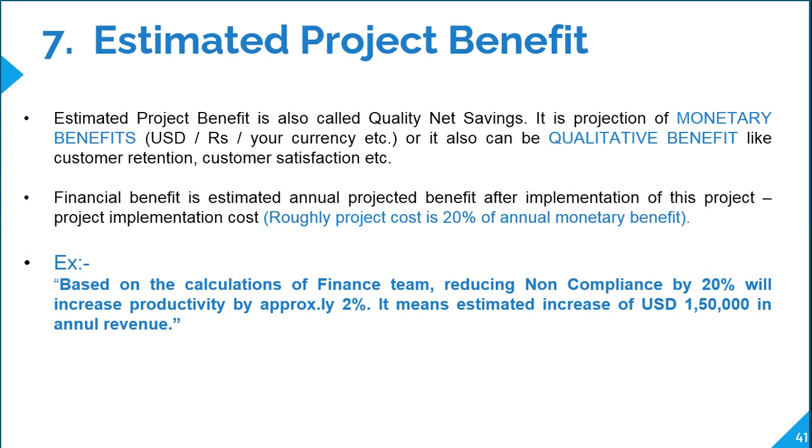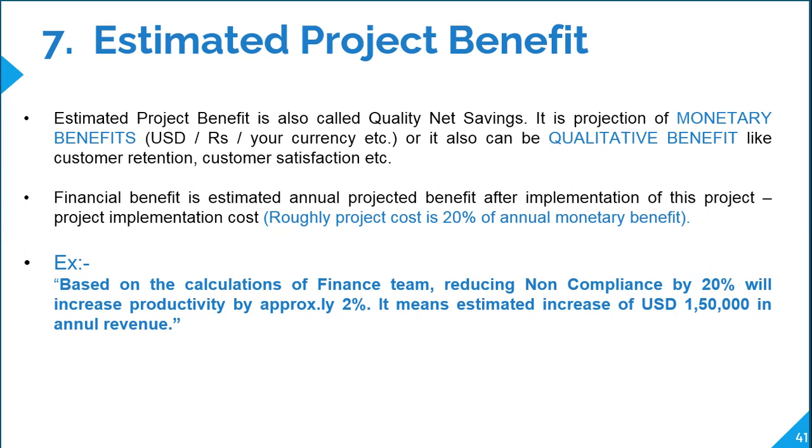Because at the end of the day, if my customers are happy and satisfied, and they continue doing business with me, then only am I going to get some benefits in the form of money, right? So these two things are very crucial: monetary benefits or qualitative benefits like customer retention, customer satisfaction.